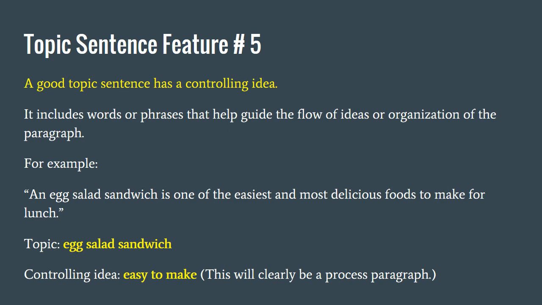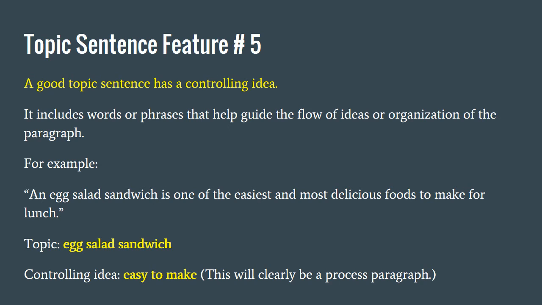Topic sentence feature number 5. A good topic sentence has a controlling idea. It includes words or phrases that help guide the flow of ideas or organization of the paragraph. For example, an egg salad sandwich is one of the easiest and most delicious foods to make for lunch.